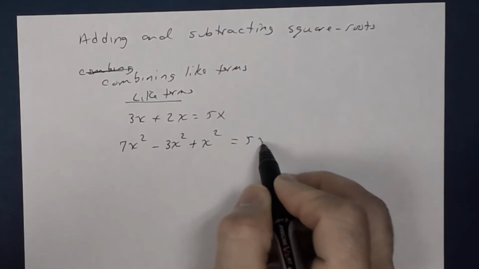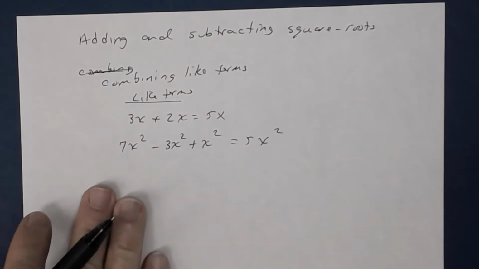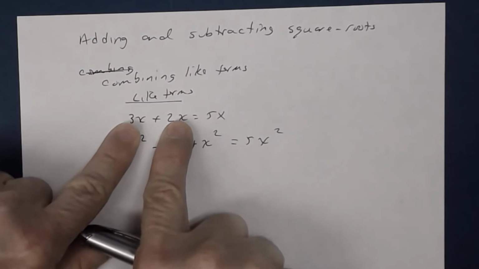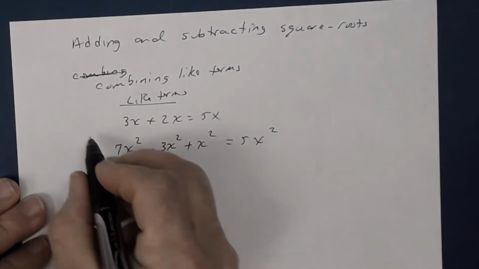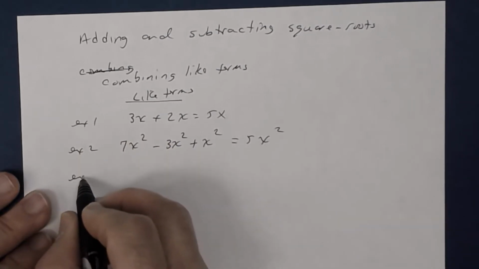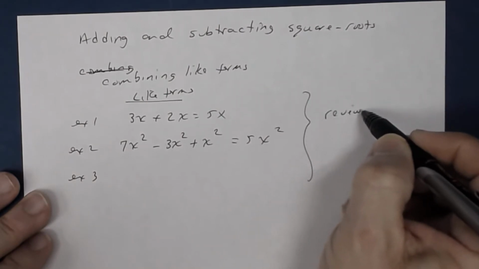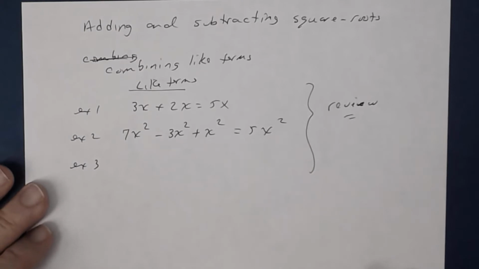So it became 5x squared. Okay? So notice that in these two examples, both terms were alike, and all these three terms were alike. But then you also did something like this. So let's call this example 1, example 2, example 3. So this is kind of like a quick review from a previous lesson or course.